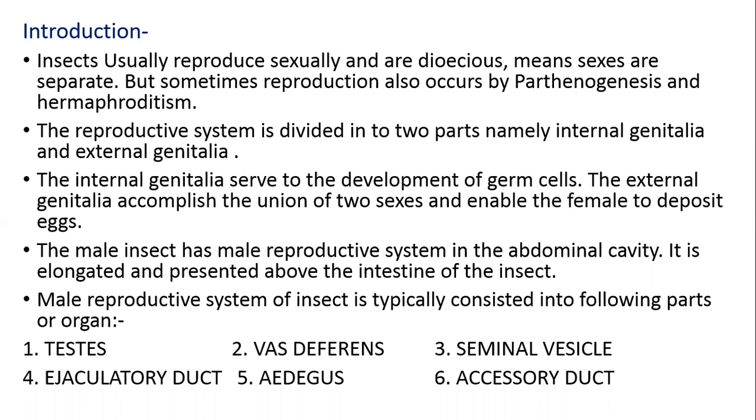The male insect has the male reproductive system in the abdominal cavity. It is elongated and present above the intestine of the insect. The male reproductive system of an insect typically consists of the following parts.